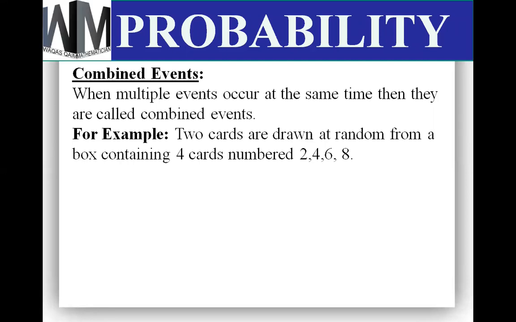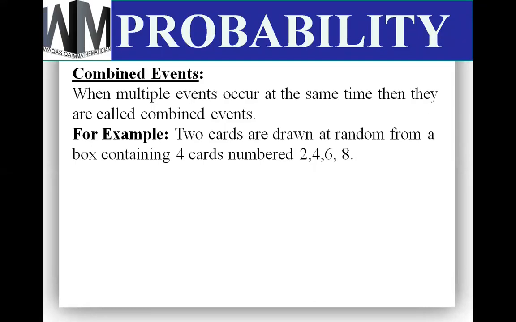Okay, now when we pick two cards and there is a box, and in that box we have four cards, and on each card a number is written, and the numbers are 2, 4, 6, 8. And we are going to draw two cards out of that box. So what could be the possible result?